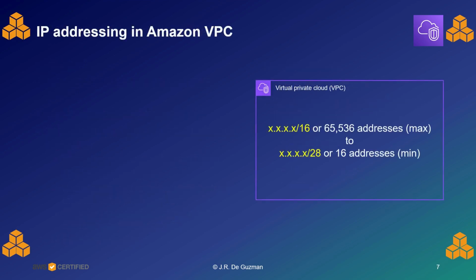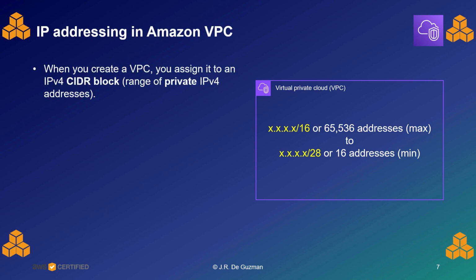Now, let's jump into IP addressing in Amazon VPC. IP addresses enable resources in your VPC to communicate with each other and with resources over the internet.